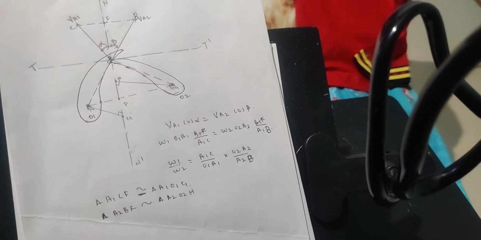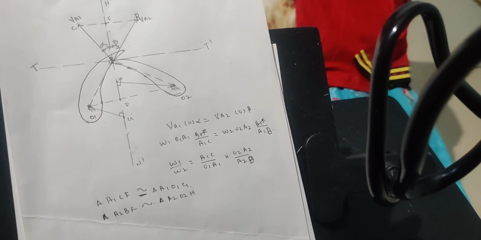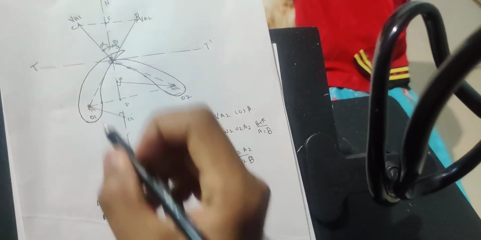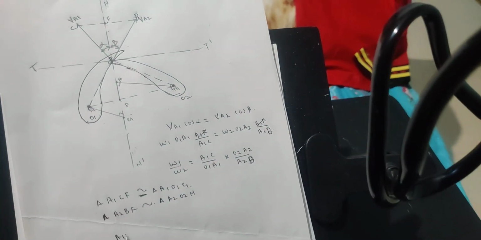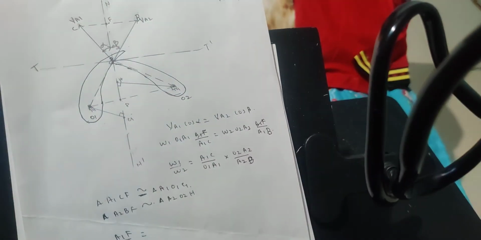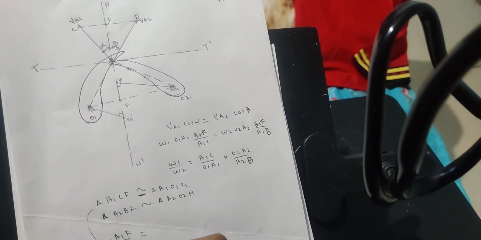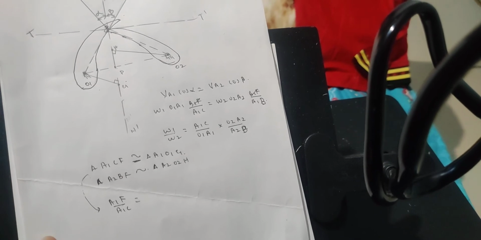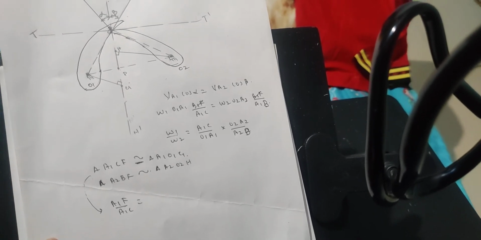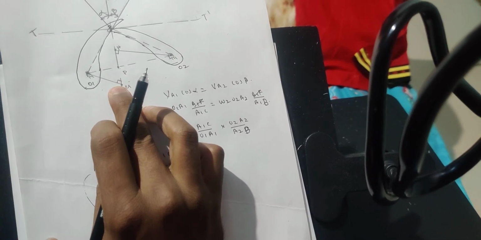If I take the ratios of this, what will be the ratio? If I take A1F upon A1C, this is for the first triangle, and this is 90 degrees.